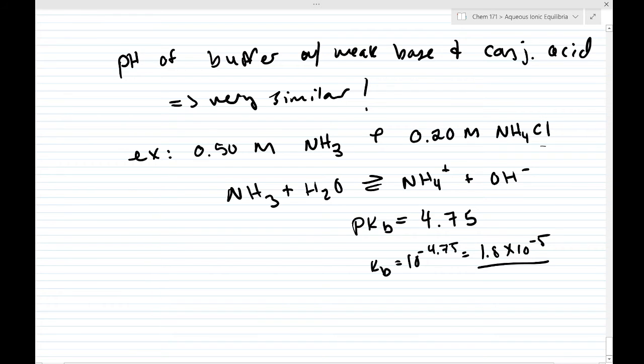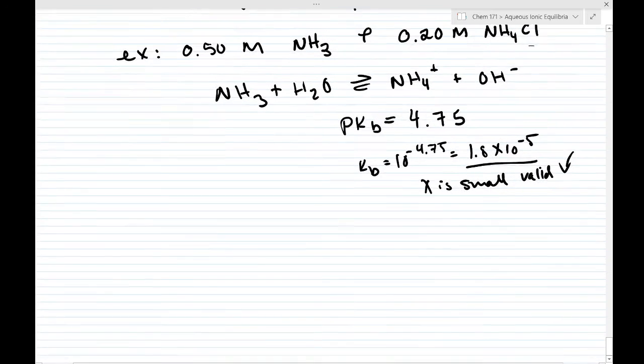So this is very small. That means that x is small, and the approximation is valid because Kb is pretty tiny in comparison with the initial concentrations.